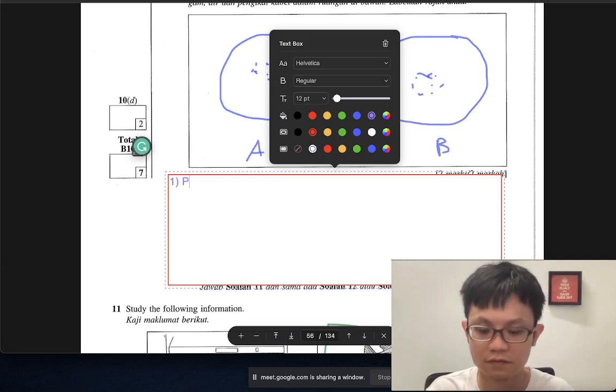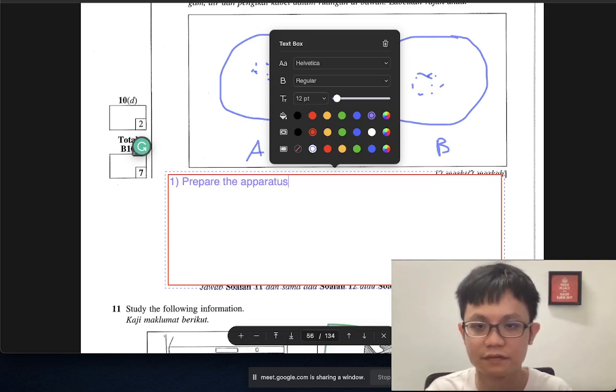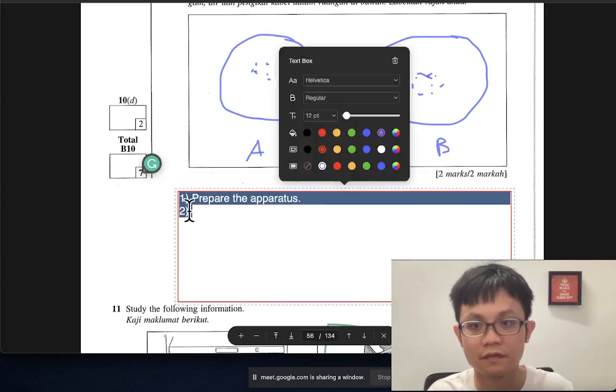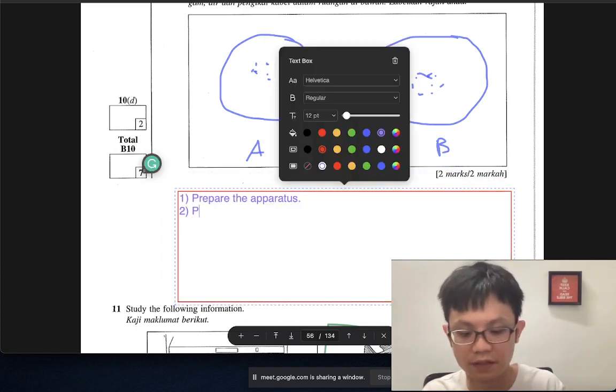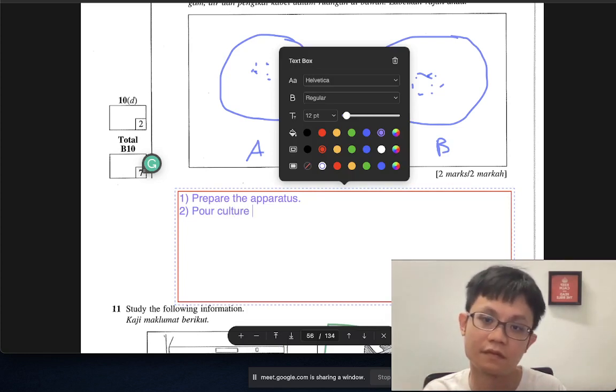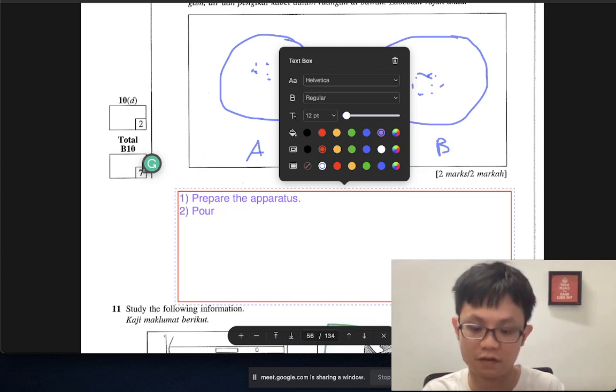Prepare the apparatus, okay. Then number 2: pour the bacterial culture solution on top of the nutrient agar.